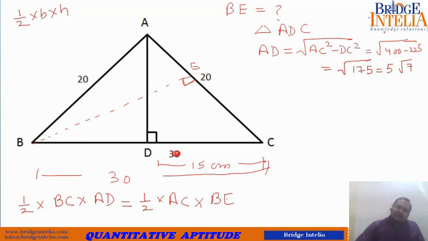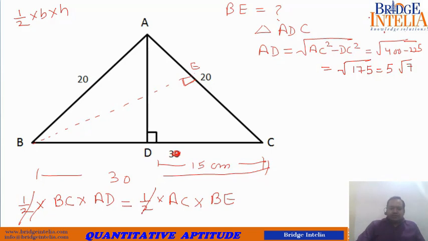The triangle is the same, so the area has to be the same. What you have actually changed is your perspective, or you have just changed the base and altitude accordingly. So now you know the value of BC, you also know the value of AD, you also know the value of AC, so you have to calculate BE.